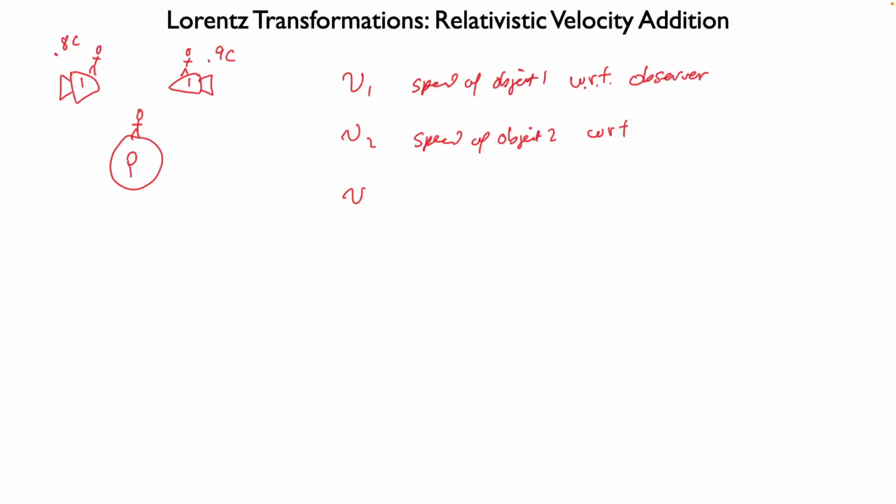With respect to the observer, okay? So we would say V2 is, in this case, negative 0.9 C. Why would we have to say negative? It's moving the opposite direction, okay? V then is going to be the speed of object 2 relative to object 1.